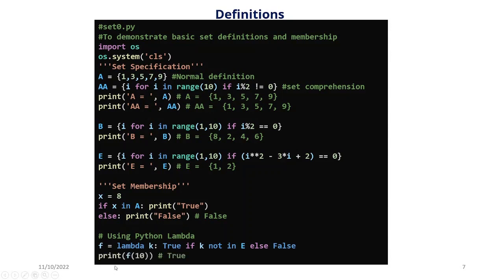We call the lambda by just putting in any value. It could have been 8, it could have been 10. E only contains 1 and 2. If we had said print true if k in E, else print false, what would have printed out would have been false. So we'll go straight to Visual Studio Code and run this program and see how it runs.